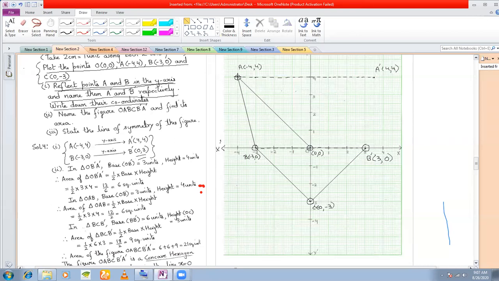OA, B, I have already joined. C, I have already joined. What type of figure is this? Yes, I'm coming to that. B dashed, and you join this A dashed also. Join this also.